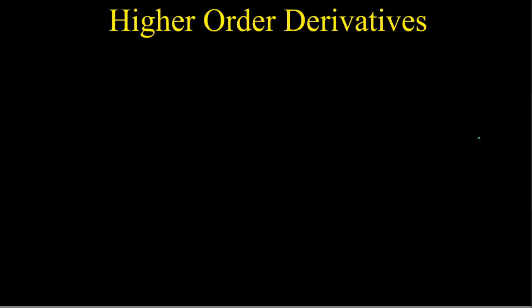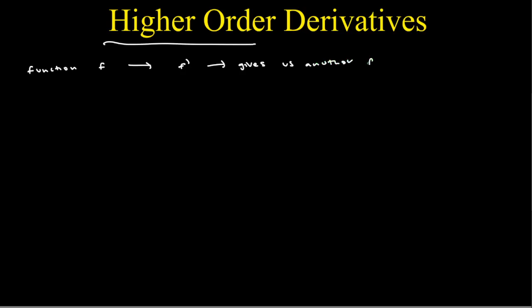All right, so today we're going to be going over the notion of higher order derivatives. And so basically the idea is we know how to find the derivative, right? So let's say we have a function f. We know that the derivative of a function, f prime, gives us another function, right?